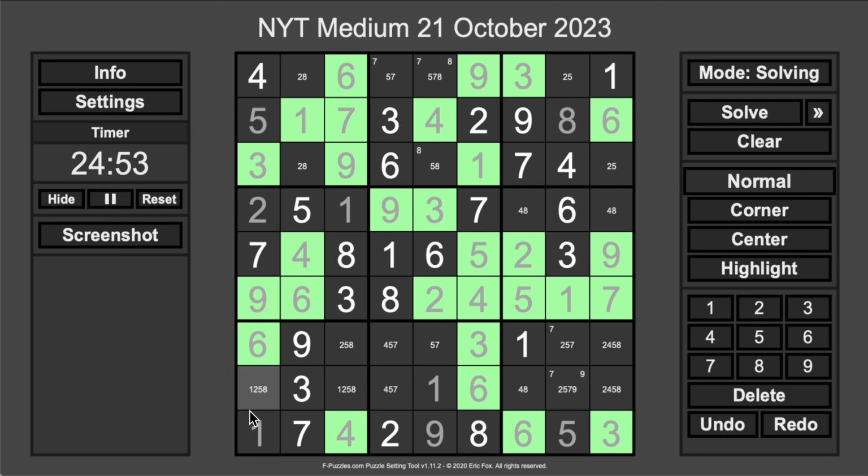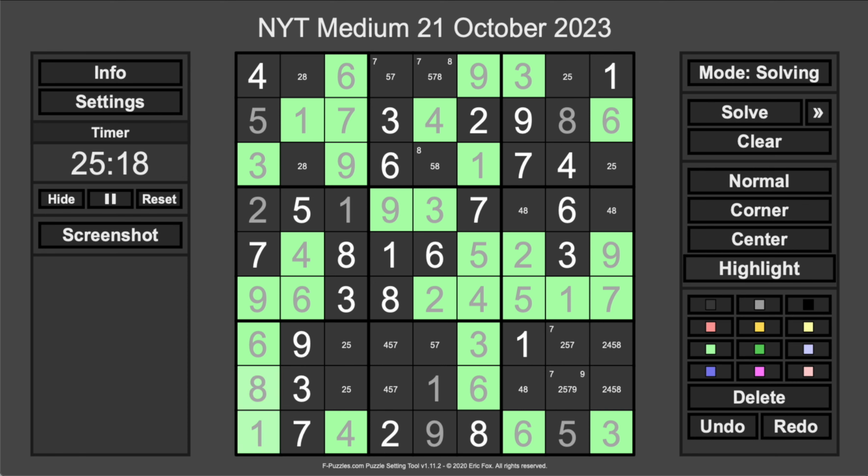This can't be 1, 2, or 5. This is 8 to fill out the column. So these are not 8. 1 looking into it. 2, 5, that looks right.